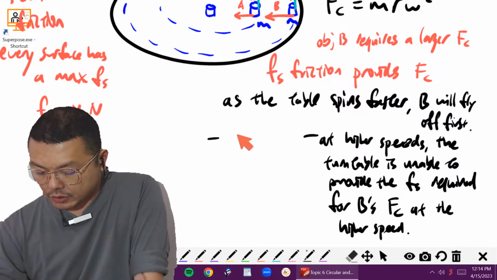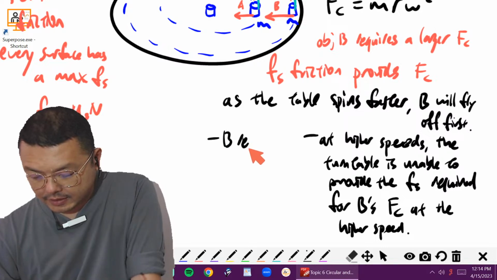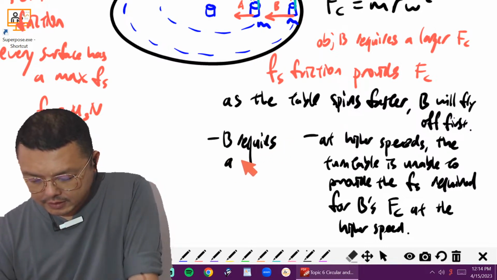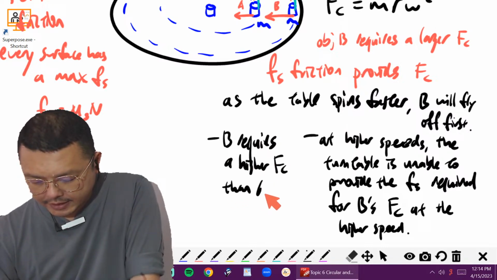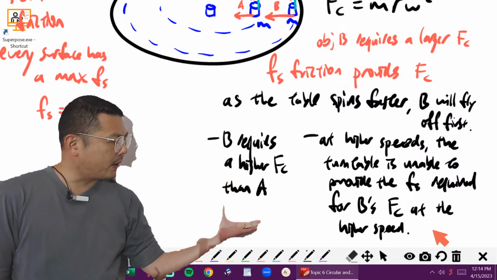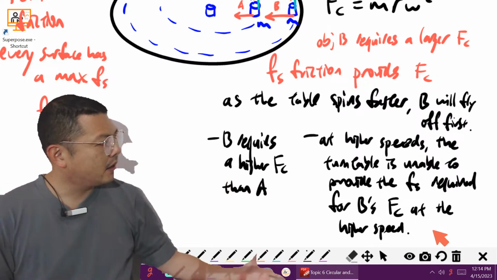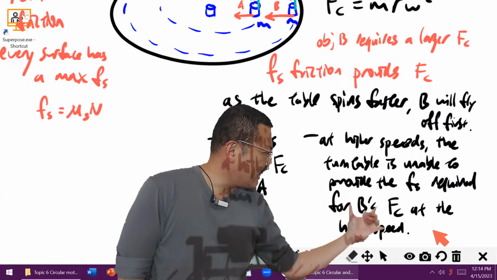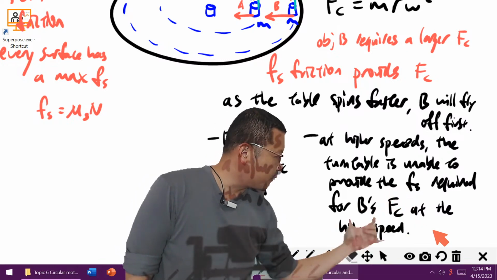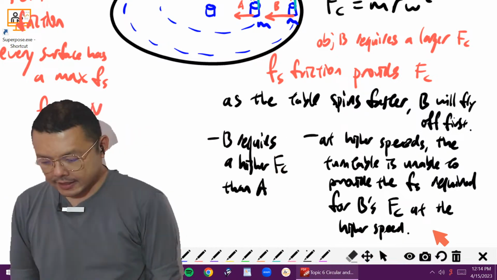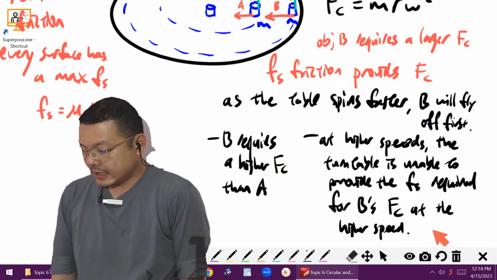Okay? You should first start off by saying B requires a higher centripetal force than A. Then at higher speeds, the turntable is unable to provide the static friction required for B's centripetal force at the higher speed. It's just not enough static friction.